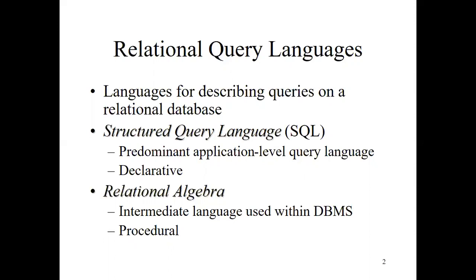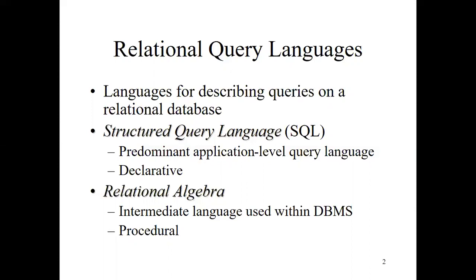The algebra operations thus produce new relations which can be further manipulated using operations of the same algebra. A sequence of relational algebra operations forms a relational algebra expression, whose result will also be a relation that represents the result of the database query or retrieval request.